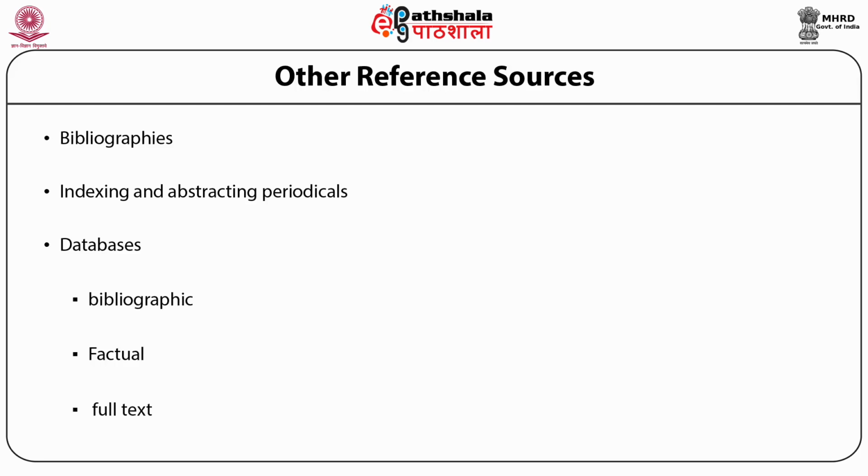A full text database, or complete text database, is a database that contains the complete text of books, dissertations, journals, or magazines.